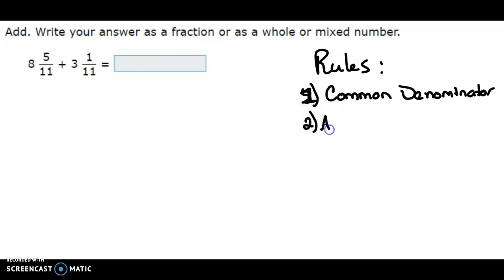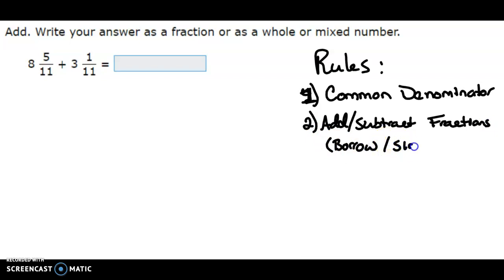Second rule is to add or subtract the fractions. Now, during this rule, you may need to borrow if you're subtracting, and you may need to simplify after you add or subtract your fractions, and that includes turning an improper fraction into a mixed number if that happens when you add 2 fractions together.